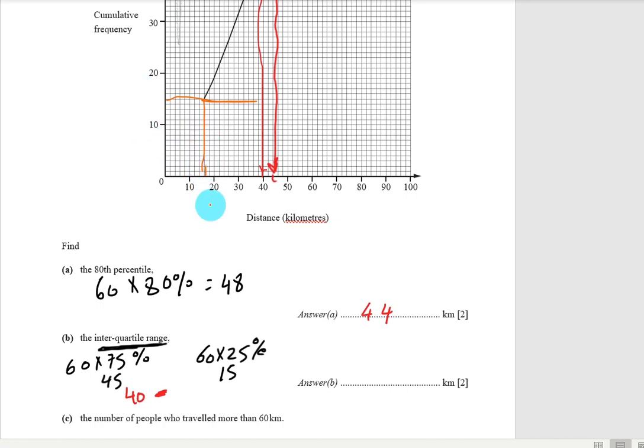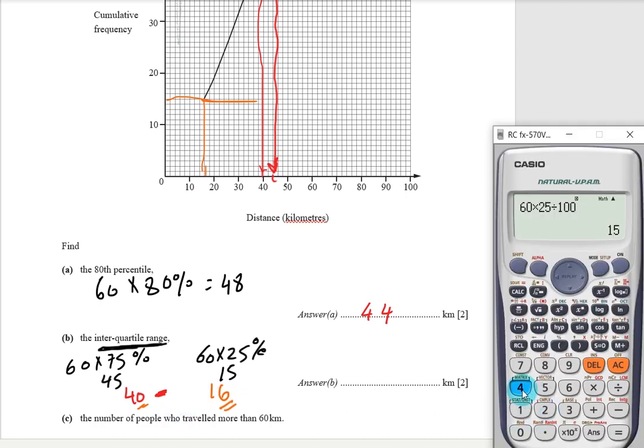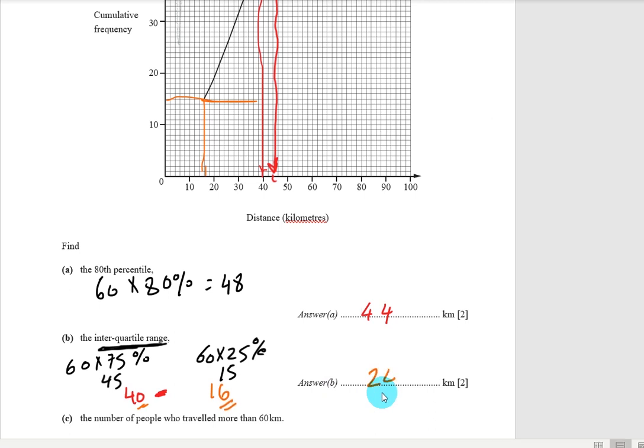So it will be here 12, 14, 16. So here the value is 16. So it will be 40 minus 16, which equals 24. So the final answer here is 24.